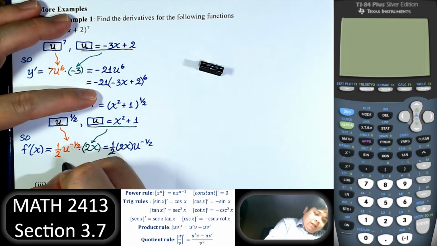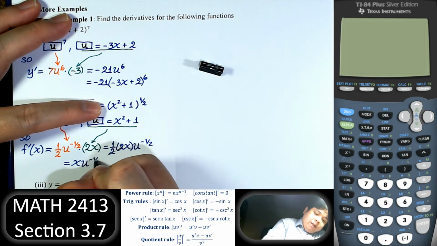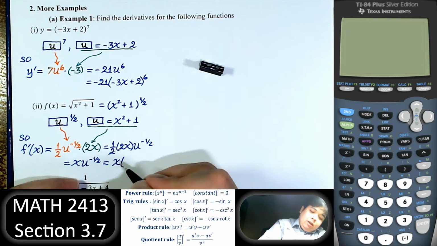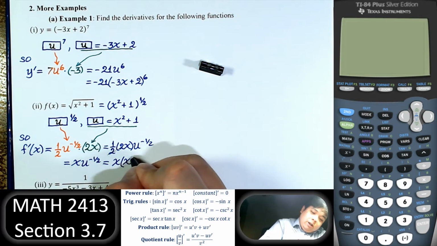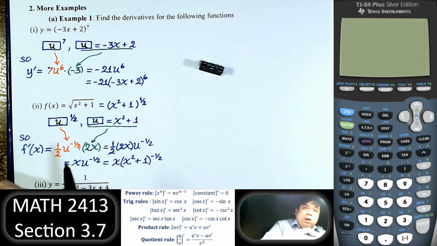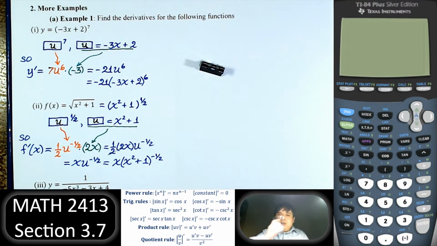So we have x u to the negative 1/2, and finally the answer must be in terms of x. So u is equal to x squared plus 1. So that we have as the answer. Right. So it's not that bad, right?